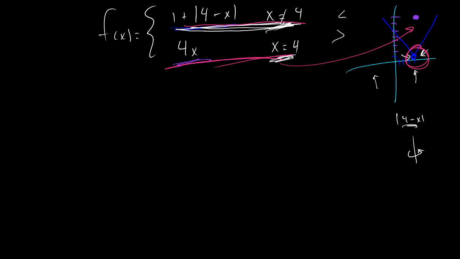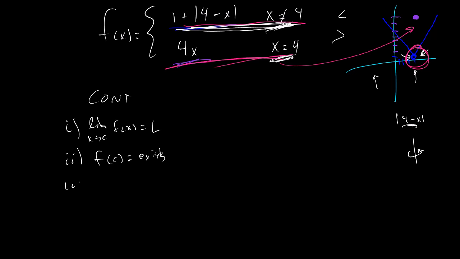So let's talk about our left hand and right hand limits. To show continuity, we need to show first that the limit as x approaches c exists, second that f of c exists, and third that f of c is equal to L. So let's find our limit.